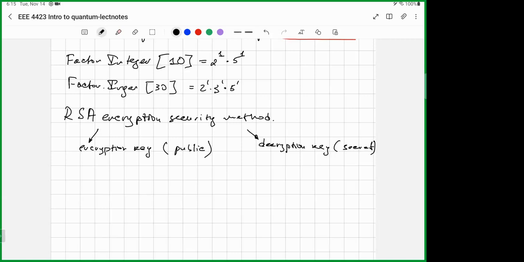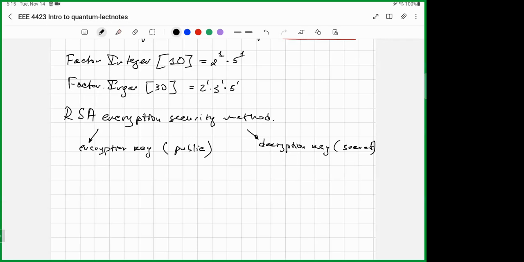So you basically have a decryption key, okay? Then you have a generator that generates a sufficiently long prime number, and you take the product of the decryption key with the long prime number, and this way you get the encryption key.